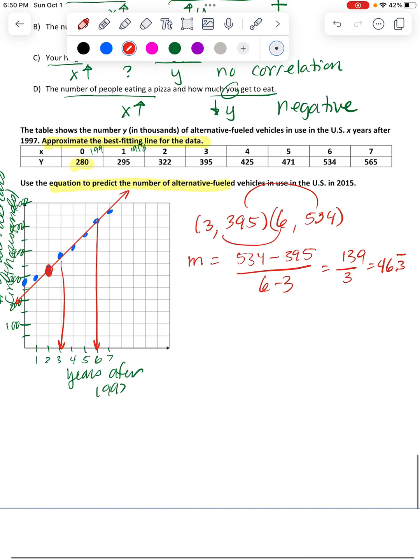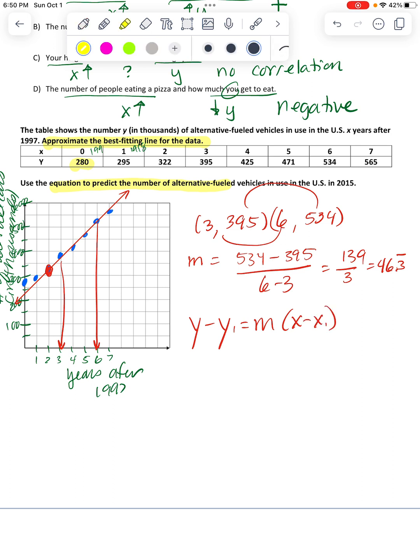I don't know that all the teachers have been doing it this way, but I'm going to use my point slope form, where I can just plug in the values that I know. I have to pick a point, so I'll probably choose this one, just slightly smaller numbers, and then I have to use my slope.